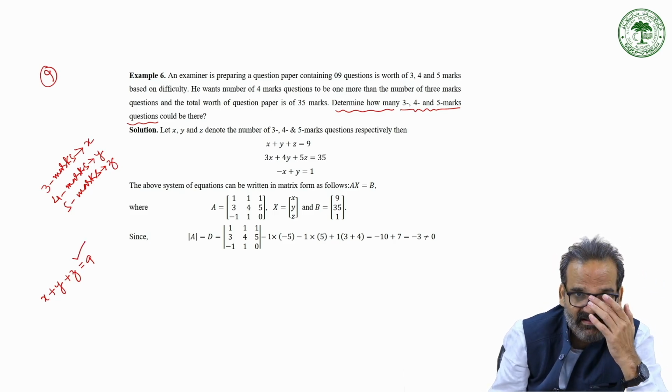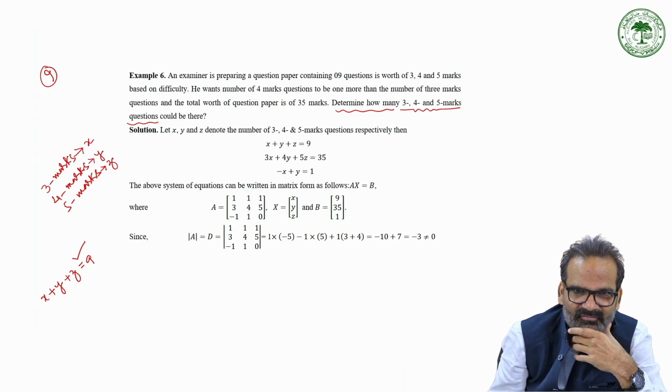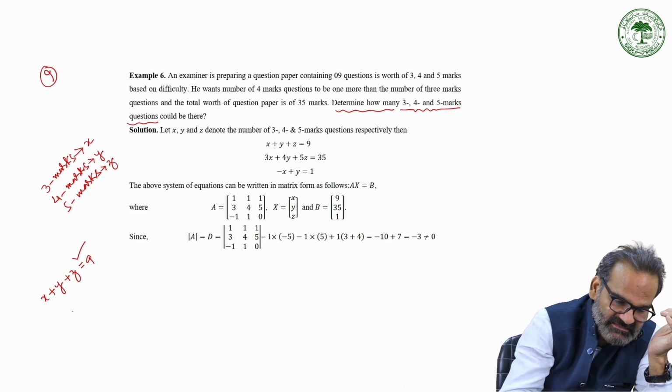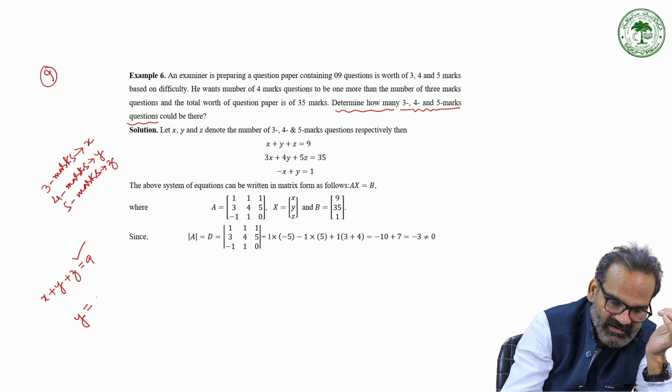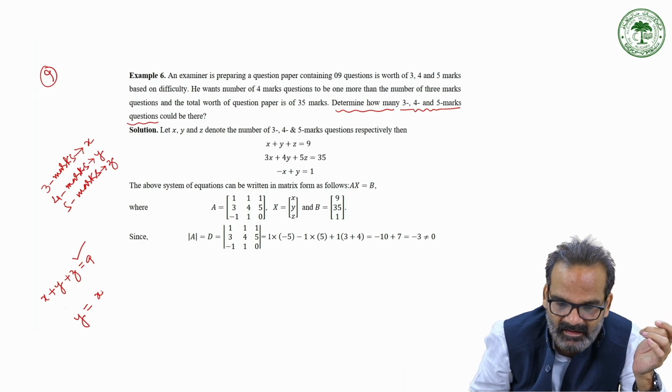What is given as the next condition? He wants number of 4 marks questions to be 1 more than number of 3 marks questions, right? Number of 4 marks questions means this is y, and number of 3 marks questions means this is x.